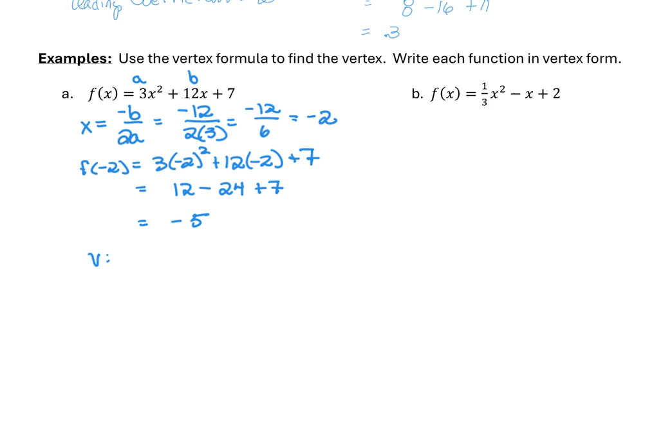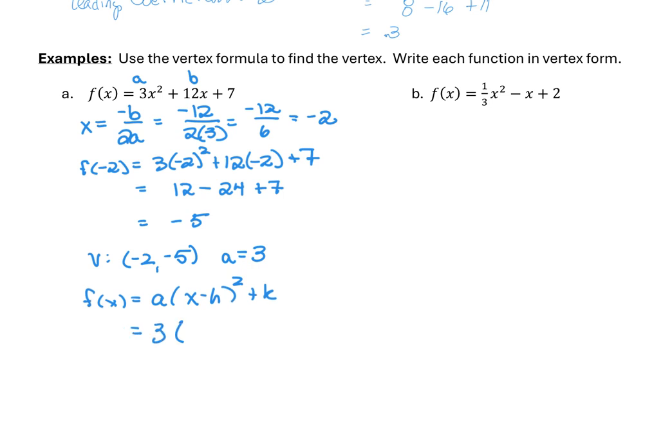And so that's what we have. Our vertex is negative 2, negative 5. And remember that our a value stays the same, and so we do have 3. So when we plug into our vertex formula, remember we have a times x minus h squared plus k. We know a is 3.